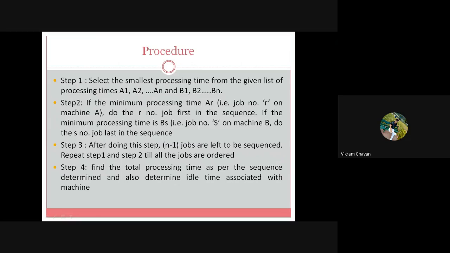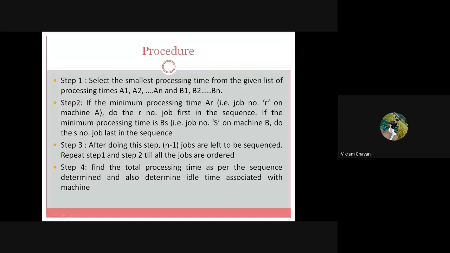We also discussed two important rules. Considering two machines A and B, if any job has the least processing time on machine A out of all the processing times of all the jobs, then priority should be given to that job as a first priority.